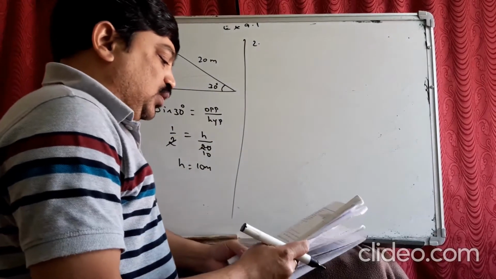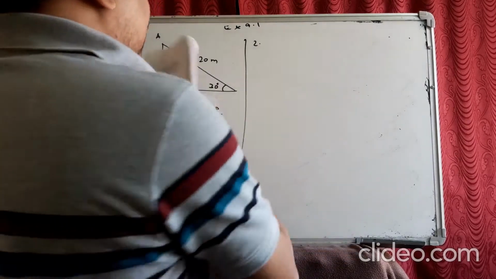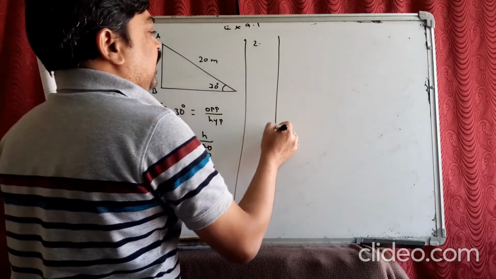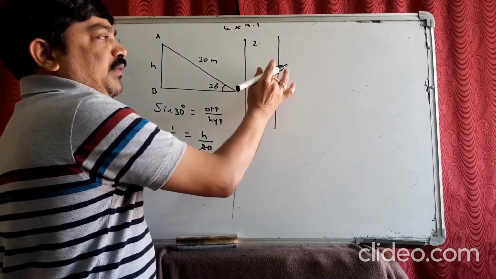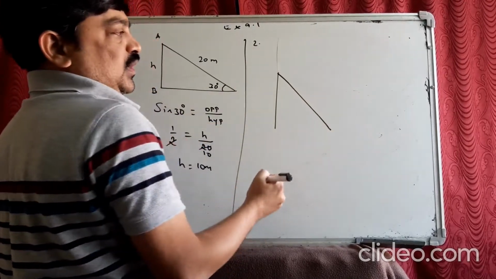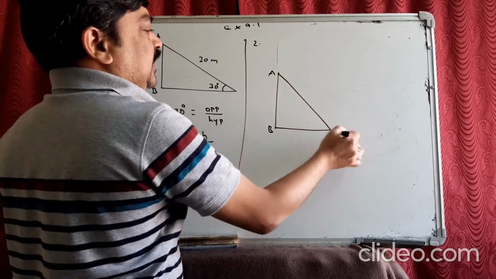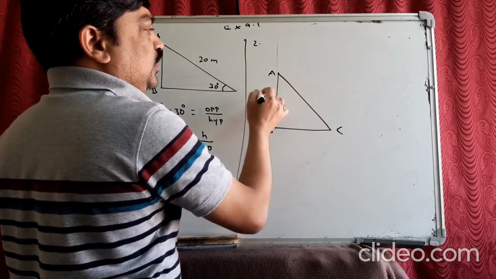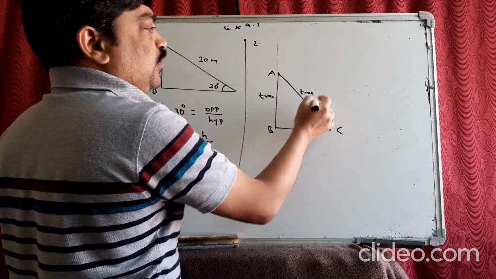A tree breaks due to a storm and the broken part bends so that the top of the tree touches the ground. See, actually there is a tree here and it is broken from somewhere. When it has broken somewhere, this broken part will fall on the ground. So take this A, B, C. This is also tree and this is also tree. This is the broken part.